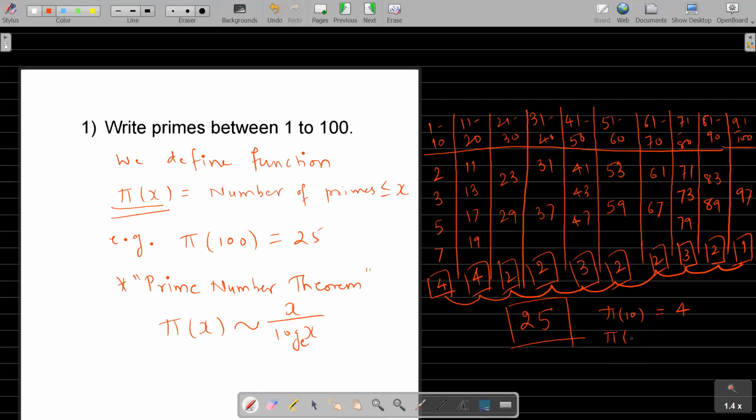Then in this, the pi is equal to prime. So pi of 20 is 8. Pi of 30 is 4 plus 4 plus 2, that is 10. And on the same lines, if I work out primes up to 100, pi of 100 is 25. Is that clear, everyone? Yes, sir.